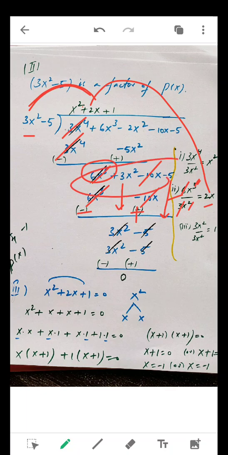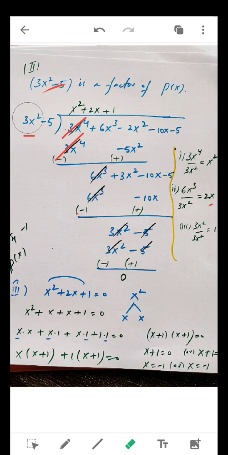Again we should follow the same process. Divide the first term. Again we are in the third step now. Divide the first term with the first term of the divisor, 3x square by 3x square, that gives you 1. This 1 goes in the quotient.